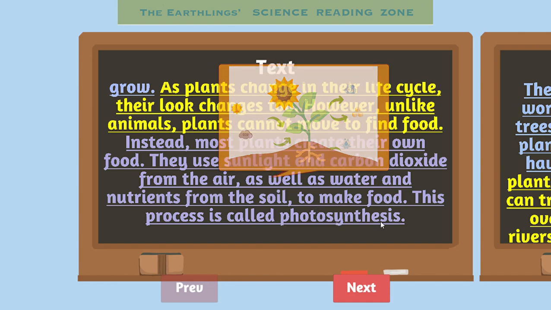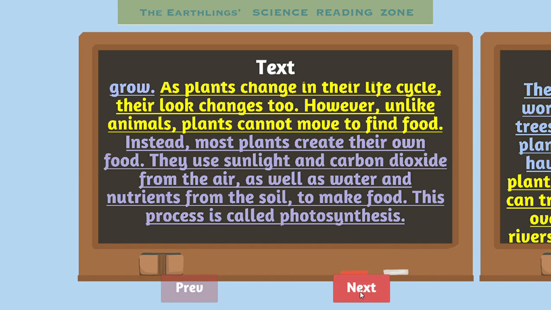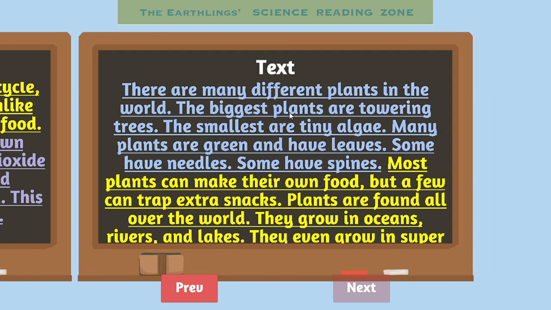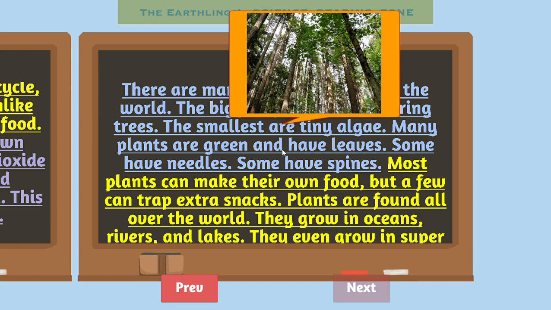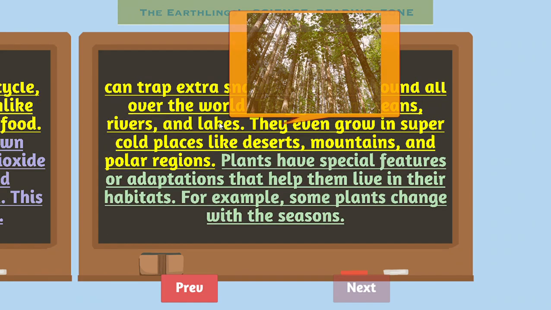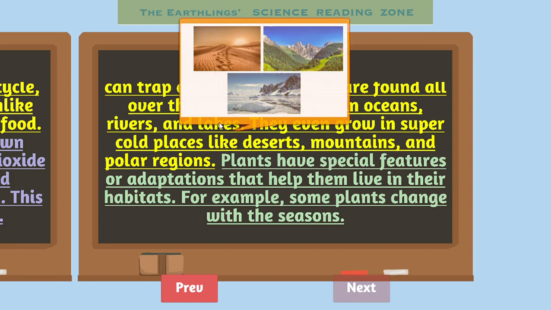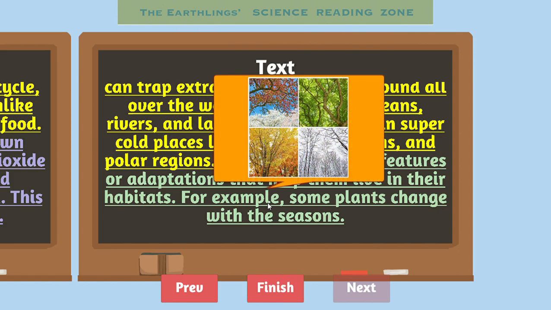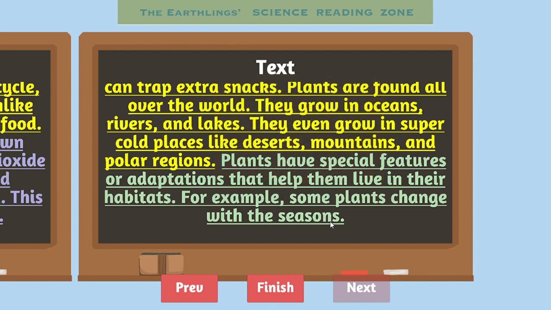So answer this first one, then move on to the next one. Also have 3 parts with matching pictures. Then students understand what's going on in the text and the meaning.